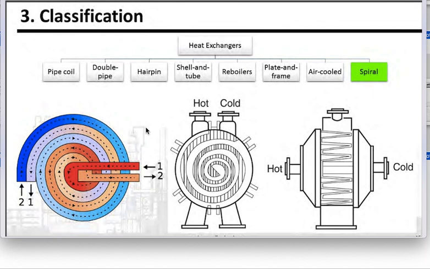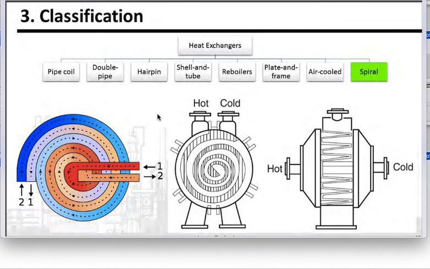Typical applications for this type of exchanger are in oil and gas refinery: slop oil heating, heavy hydrocarbon cooling, amine regeneration, sometimes sour water heat recovery and the tank farm, also desalter or something like that, because of the resistance to fouling.